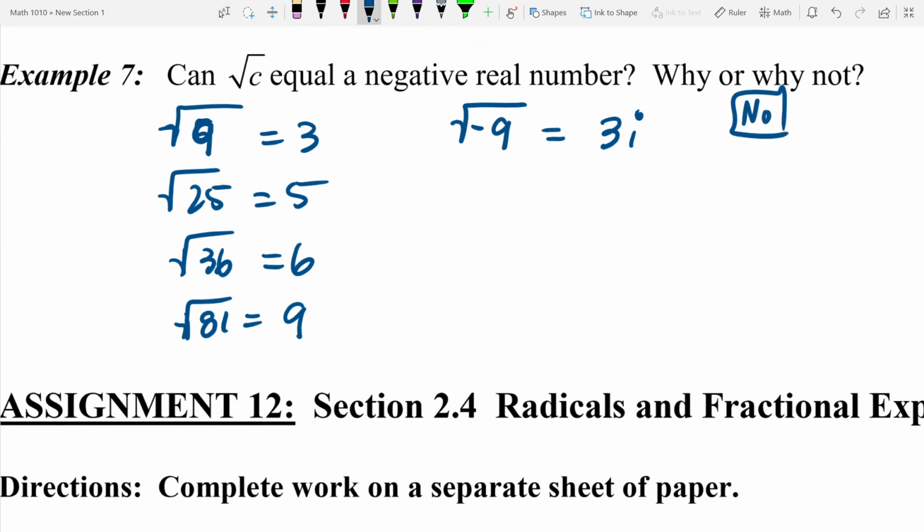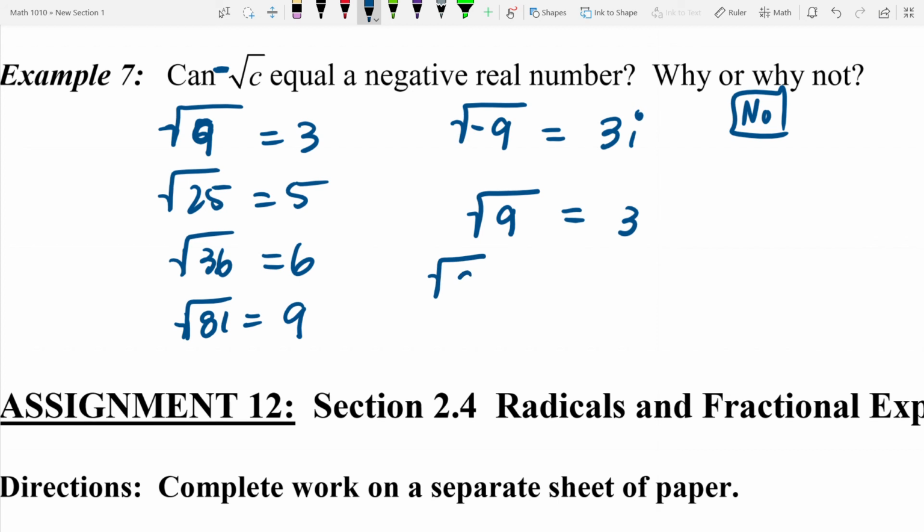No. You know why? In order to do that, guys, you'd have to have a negative sitting out there in front. If you had negative square root of 9, that would give you a negative 3. But if there's no negative sitting out in front of it, there is no way that that thing is going to be a negative. Okay?